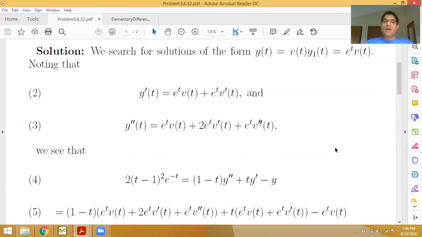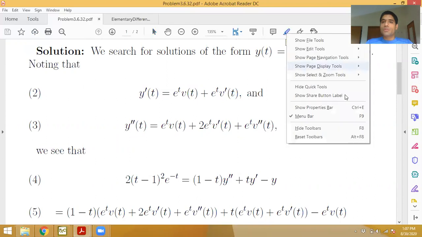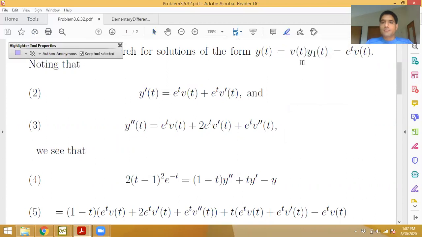So now that we have expressions for y(t), y'(t), and y''(t), we can just substitute those into our differential equation. Here is our y(t), which I'll plug into there to get this.